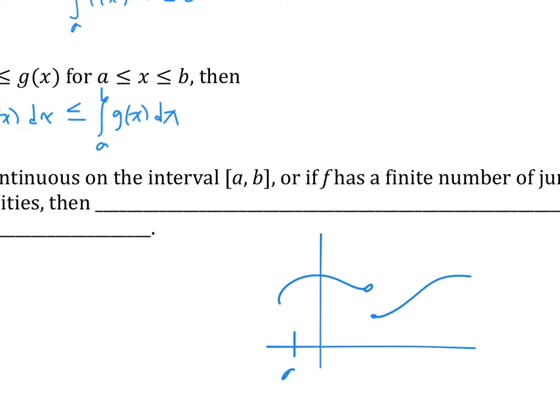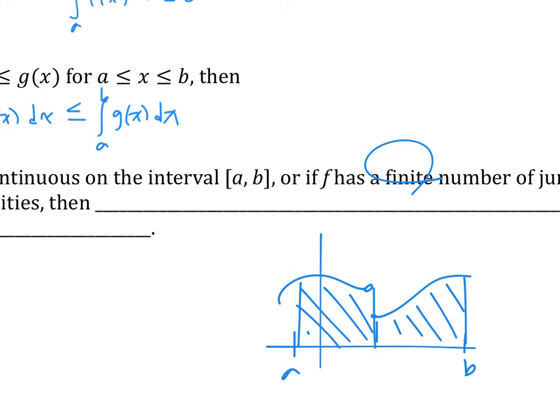And you're trying to integrate from here to here. Then that looks kind of strange, right? How am I going to integrate? It looks like there's a discontinuity. It says if there's a finite number of discontinuities, so finite means there's just that amount, not infinite, then you can actually still integrate. Just break it into 2 and then add the areas together, which is okay.